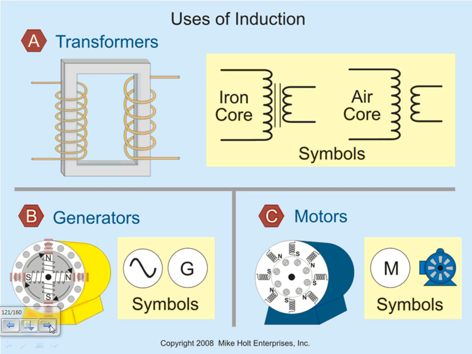The magnetic field will induce a voltage in the rotor right here. The voltage in the rotor, my friends, will create basically magnets, north and south. And when you have two magnets, one in the rotor and one in the stator, right next to each other, these magnetic fields will interact with each other to get you the spinning mechanism of a motor. All this happens because of the concept of induction, mutual induction or self-induction.